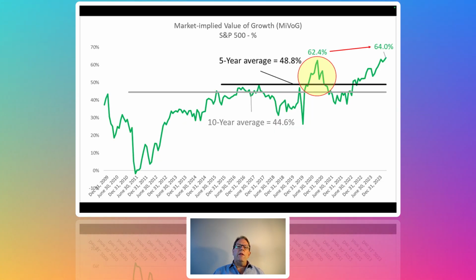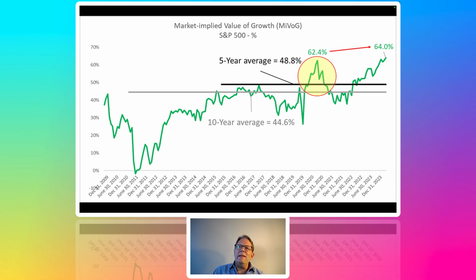I then showed that the market implied value of growth for the S&P 500 right now is at an all-time high, but it's at a very high level, higher than we saw in October of 2020. That's before rates started to go up. So it's kind of interesting in my mind that the current market implied value of growth for the S&P 500 is so high.